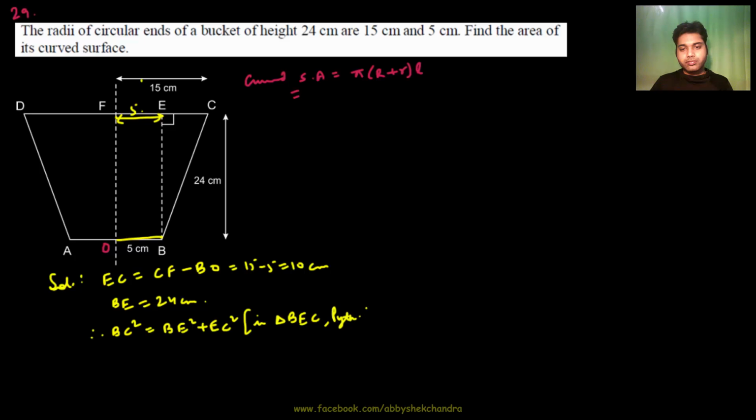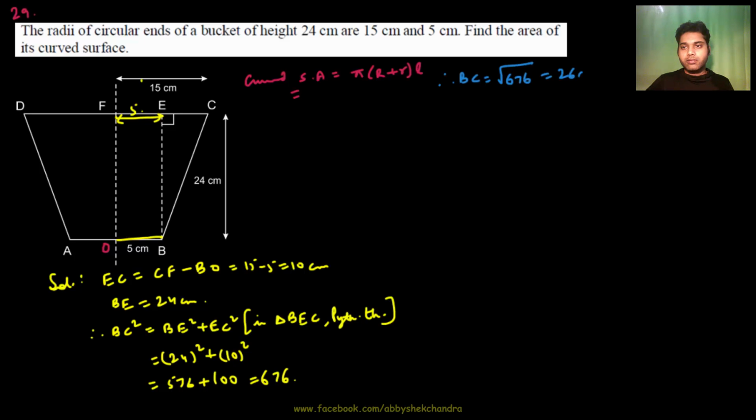What is BE square? 24 square plus EC square, 10 square, equal to 576 plus 100 equal to 676. Therefore BC will be root over 676, that will be 26 centimeters.